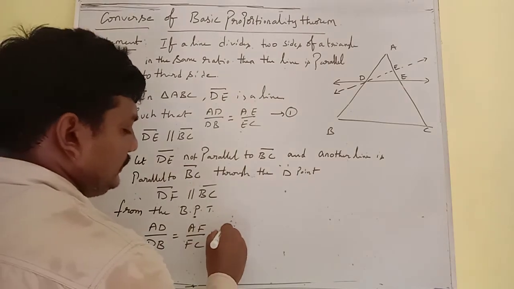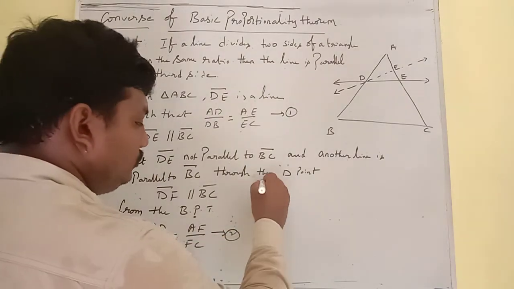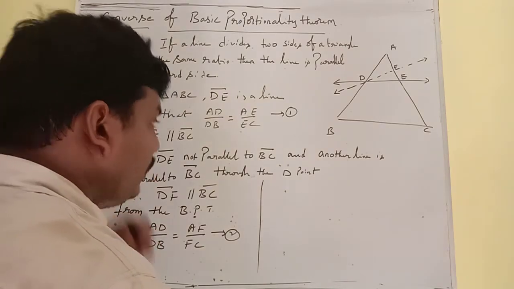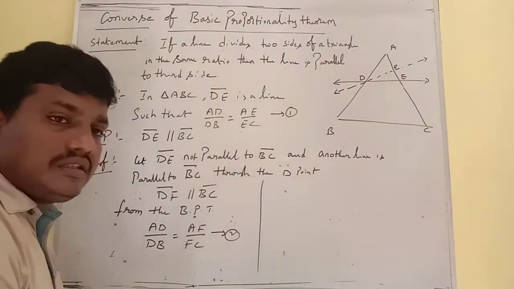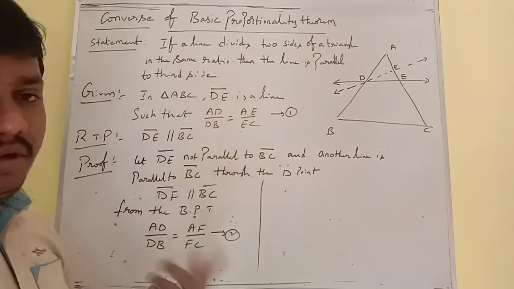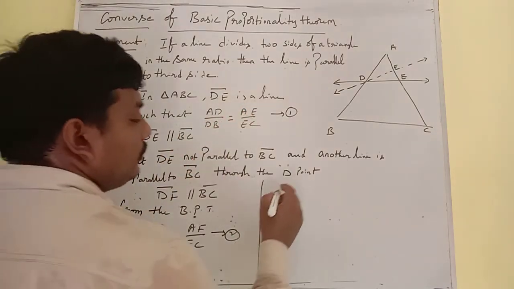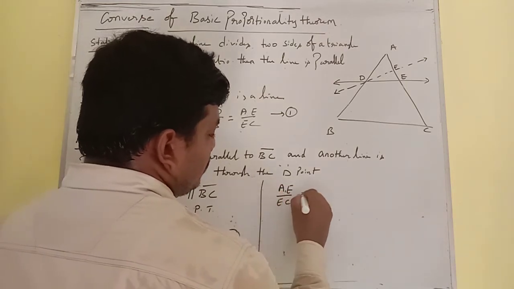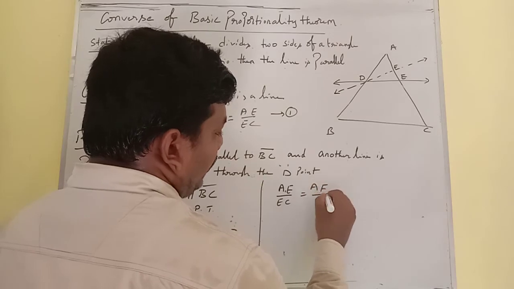Let me consider this as second. Now AD by DB is equal to AF by FC. From first and second equations, the LHS parts are equal, AD by DB and AD by DB, then automatically the RHS are equal. So therefore AE by EC is equal to AF by FC.